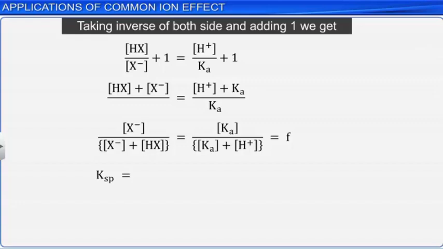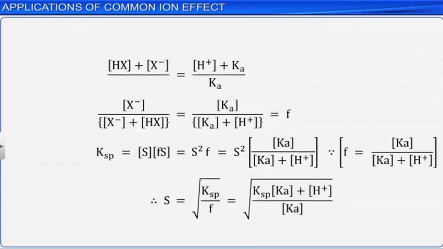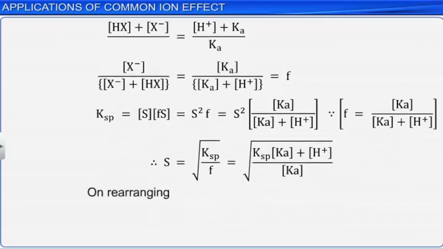That is, equal to the product of S square and F. Therefore, solubility is equal to the square root of Ksp divided by F. On rearranging the equation, we get solubility S is equal to the product of Ksp and H+ plus Ka divided by Ka, whole to the power half. So we can conclude that solubility increases with a decrease in pH or an increase in H+ ion concentration.